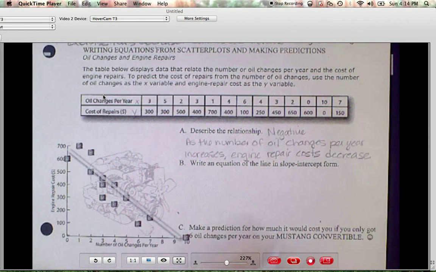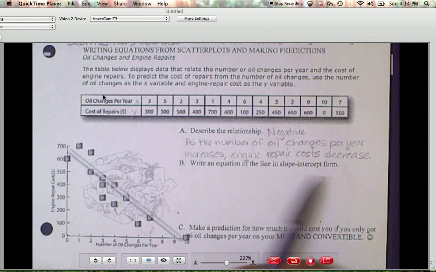Okay? So if you keep your oil change up to date, which reminds me I need to have an oil change, then when something goes wrong with your engine, you will be paying less to repair it in the long run, because you're taking good care of your engine.